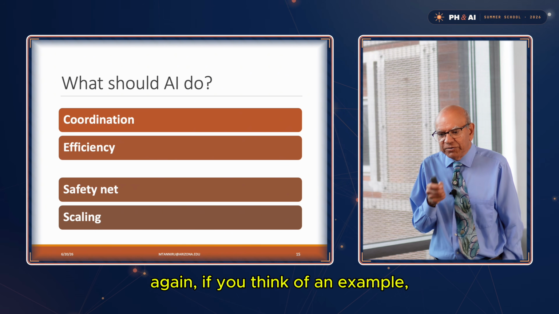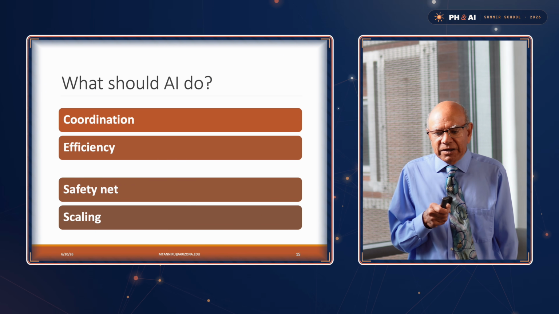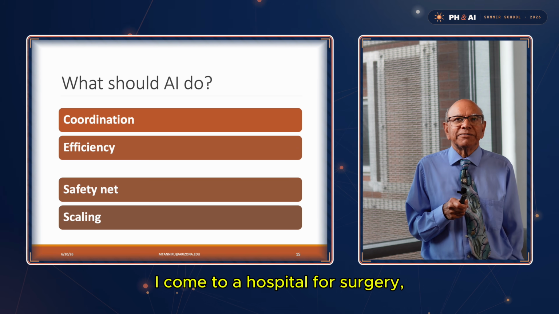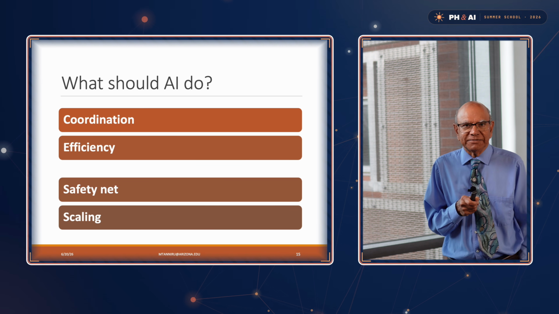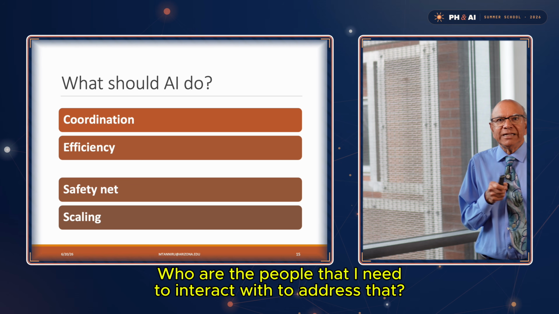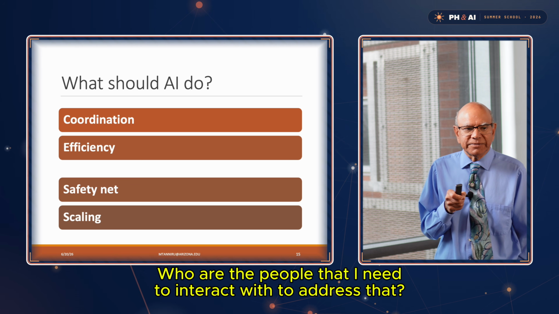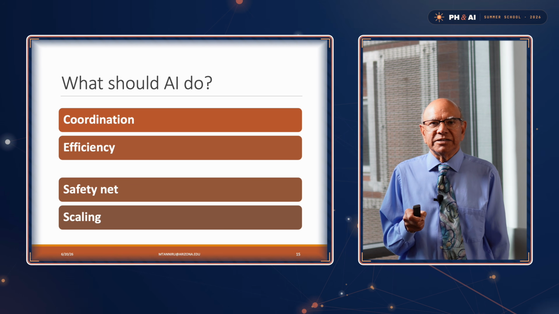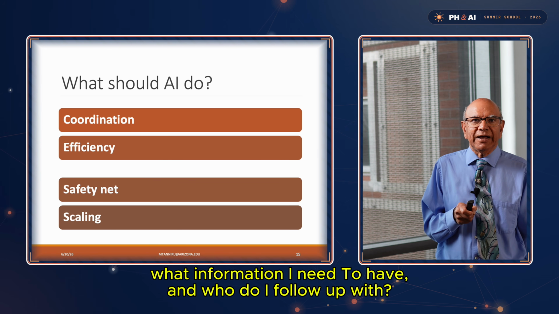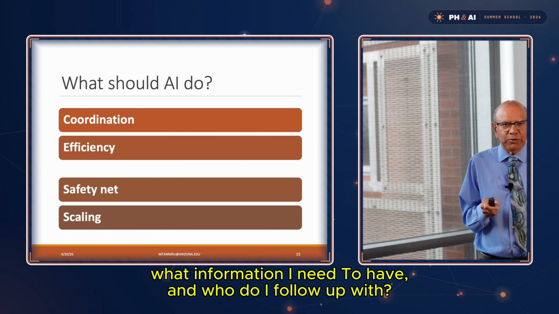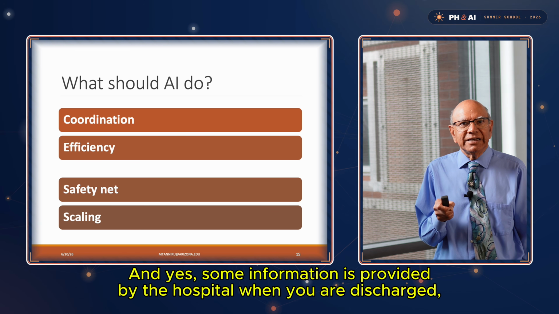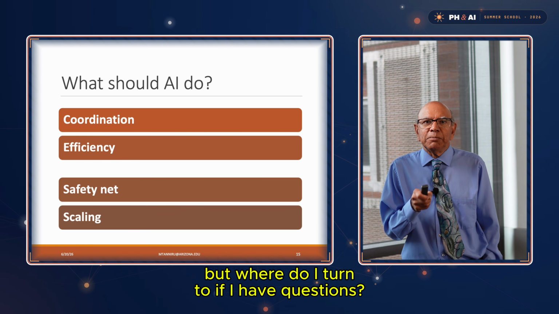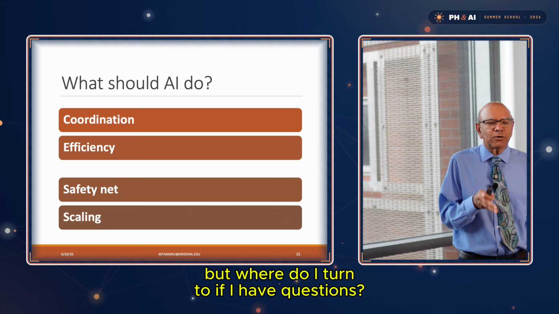So again, if you think of an example, I come to a hospital for surgery. How do I prepare myself? Who are the people that I need to interact with to address that? If I am discharged, what information do I need to have, and who do I follow up with? And yes, some information is provided by the hospital when you are discharged, but where do I turn to if I have questions?